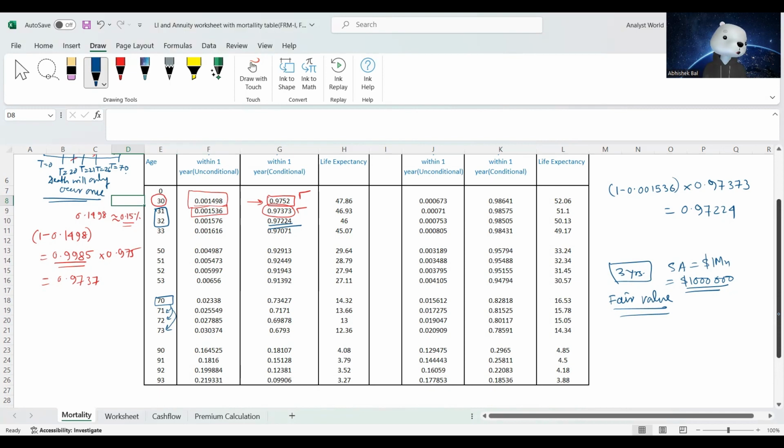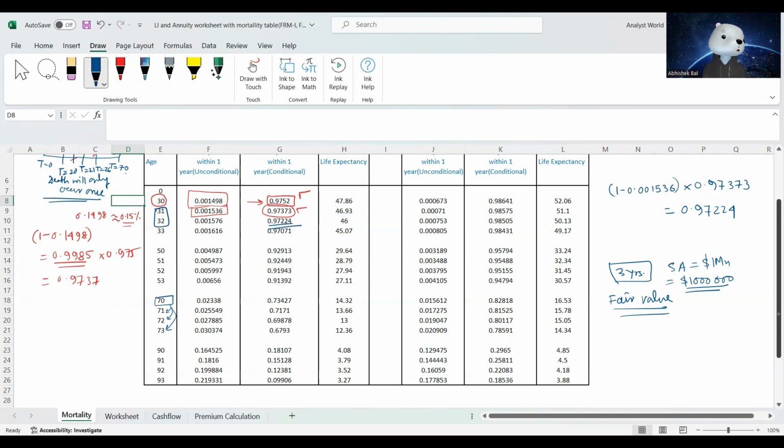So if you're talking about a healthy person of 30 years old, his probability of dying in the next 1 year is just about 0.15%. But if you compare that with somebody who is even 52 years old, the probability that he's going to die is somewhere around 0.599 or close to 0.6%.